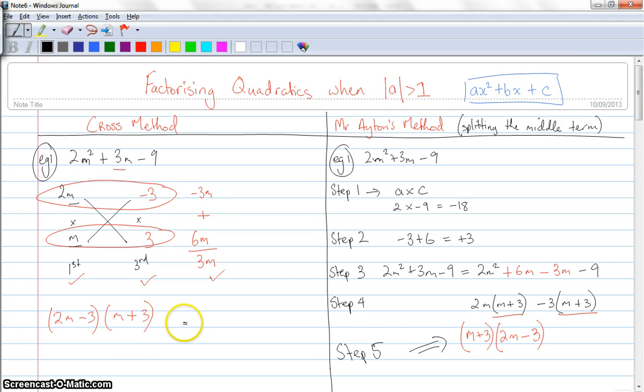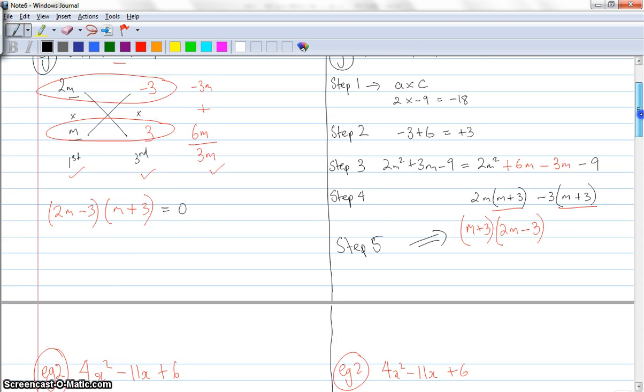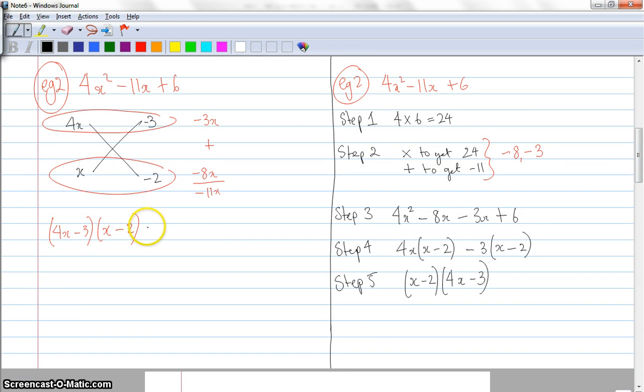What we could do is we could now write equals 0 on the back of all of these and find out what x is. Once we've done that, then we know that we can get the x solutions, they are the x intercepts, and we can sketch the graph.